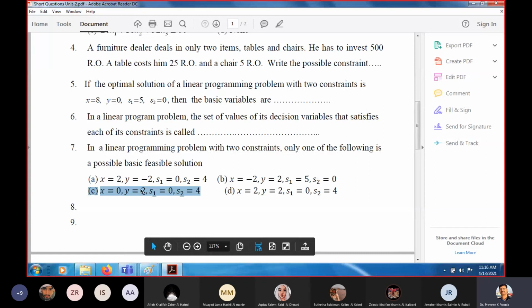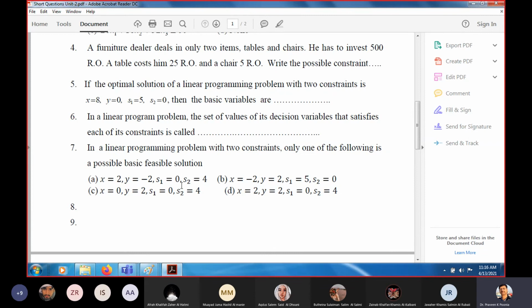Why is this the correct answer? Because here 2 are 0 and 2 are non-zero. So always remember, if we are adding two slack or surplus variables S1 and S2, 2 will be 0 and 2 will be non-zero. Clear? And if we are adding 3 surplus variables, then 2 will be 0 and 3 will be non-zero.